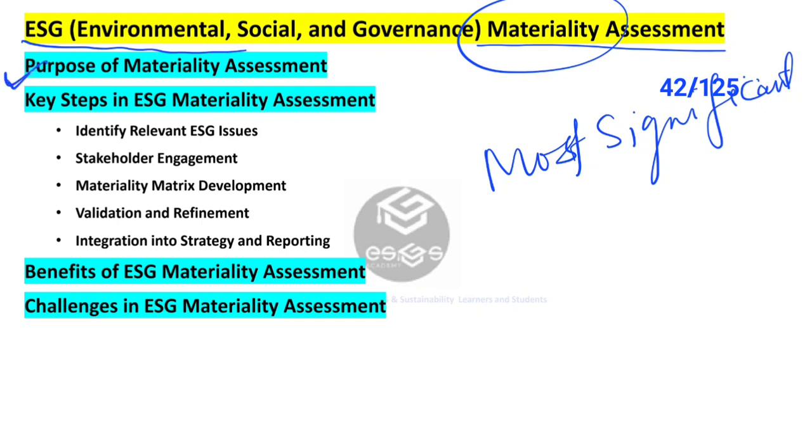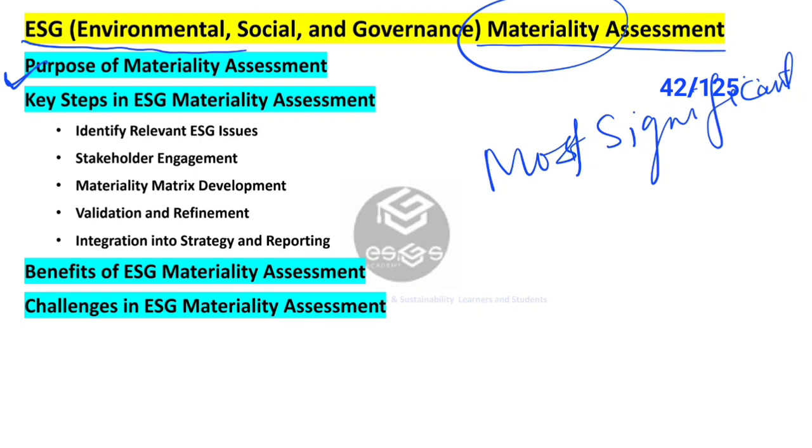First discussion will be about the purpose of materiality assessment. So, strategic alignment: align ESG considerations with the organization's overall business strategy and objectives. Also identify and respond to the interests and expectations of key stakeholders, internal and external as well.